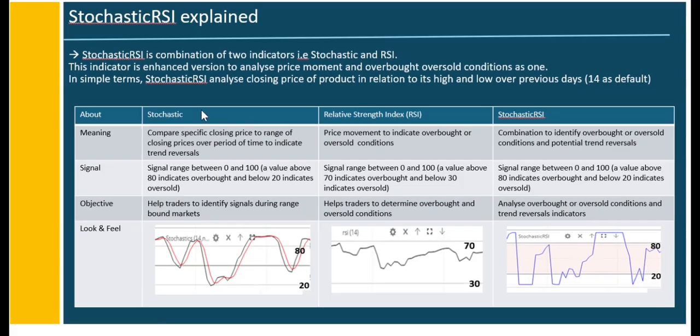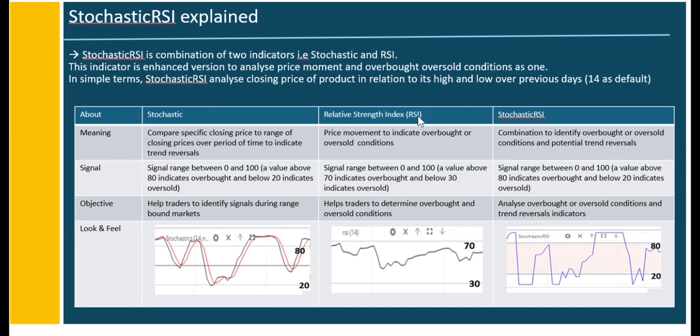The chart over here describes the difference between stochastic and RSI. So we'll just go through quickly. Stochastic is a comparison with the closing prices for a period of time, indicating where there are trend reversals. That's why this particular indicator is useful.